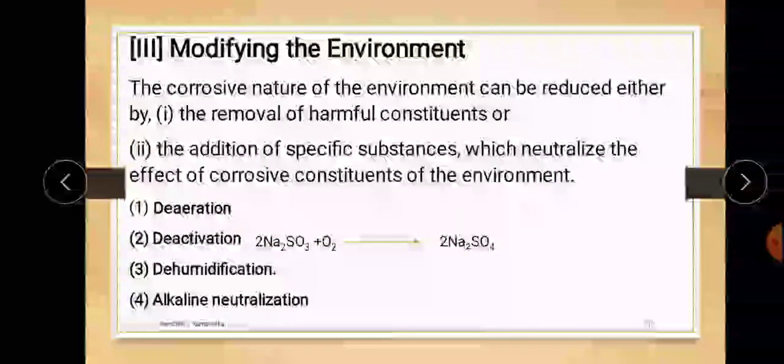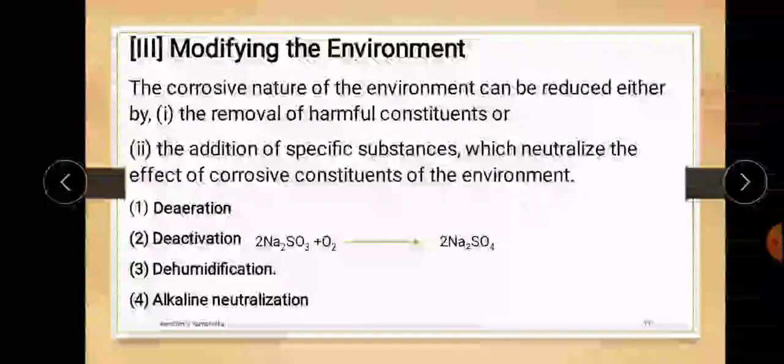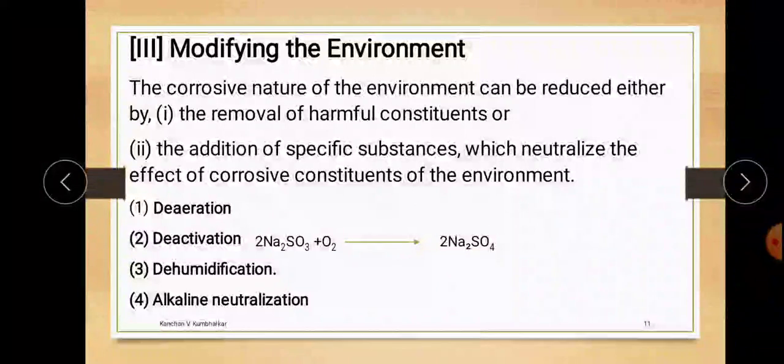One more example of dehumidification: when we receive any chocolate or medicine, a small gel type material is inserted in the packing, which is the dehumidifier. By this the moisture content reduces, and hence the rate of corrosion also reduces.